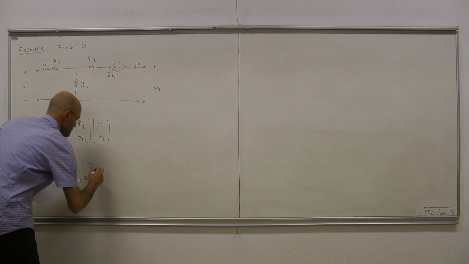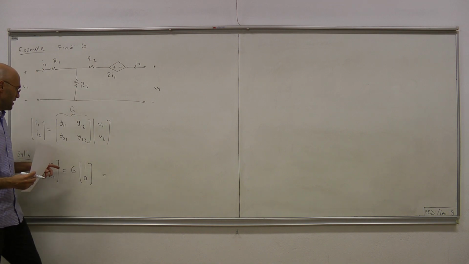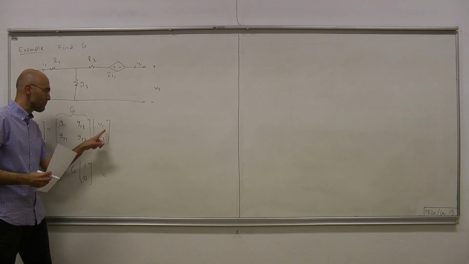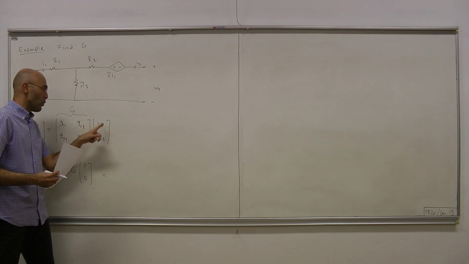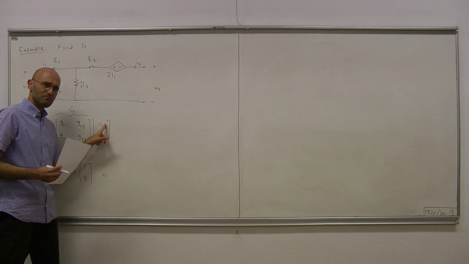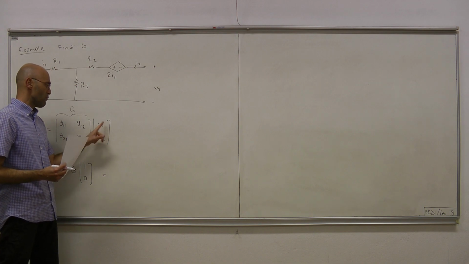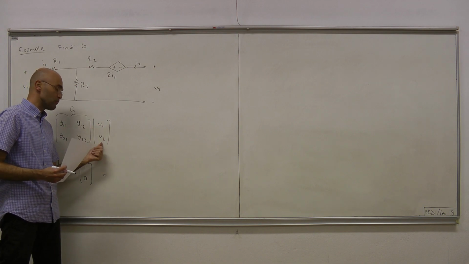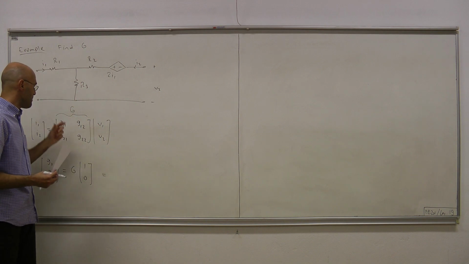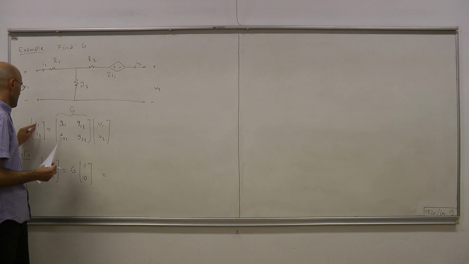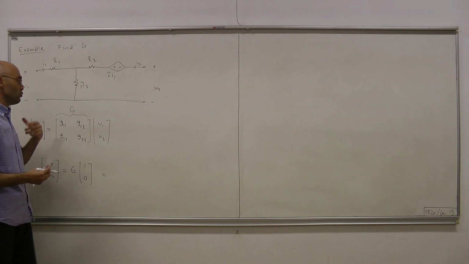So this equals what? If you set the voltages at the ports to 1 and 0, the first port voltage is 1 volt, the second port voltage is 0, that is, the second port is short-circuited. And then for that situation, if you go ahead and measure the currents I1 and I2, you'll measure something.